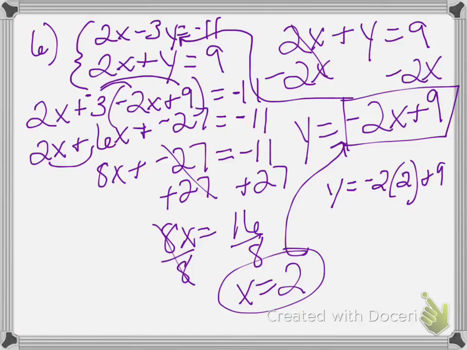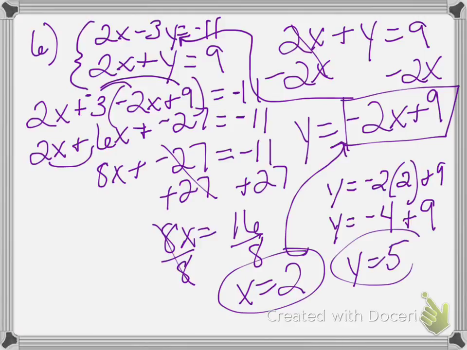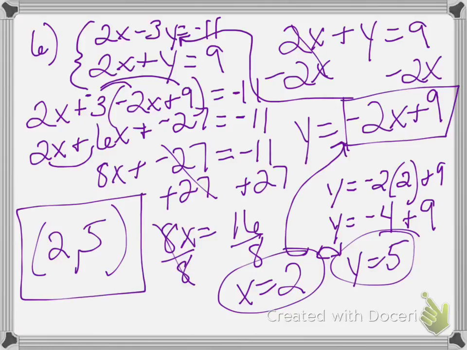What is -2 times 2? -4 plus 9. Y equals 5. So now we have a y equals and an x equals, so we can make our ordered pair 2, 5. Good. And that is our final answer.